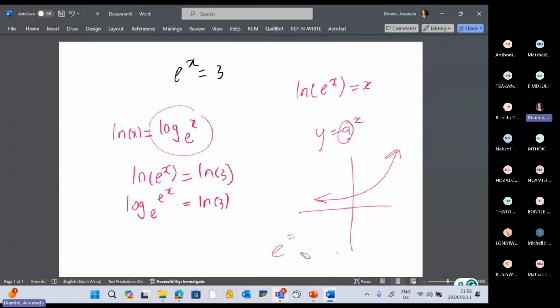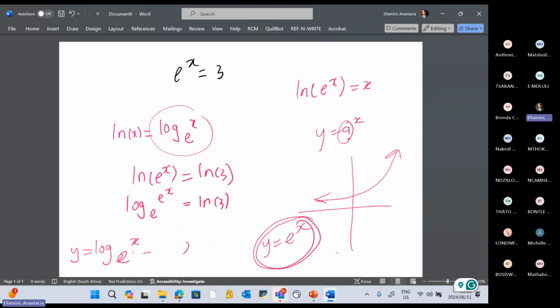That is why there's a function called y equals e to the power of x. Now, what is the inverse of this exponential function? It is y equals log of x base e. That's the inverse of this particular exponential function. Now, what is the shortcut? It's ln of x.